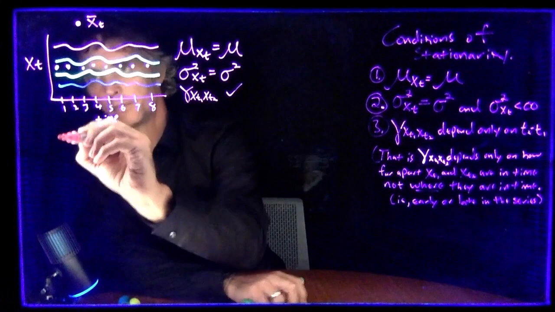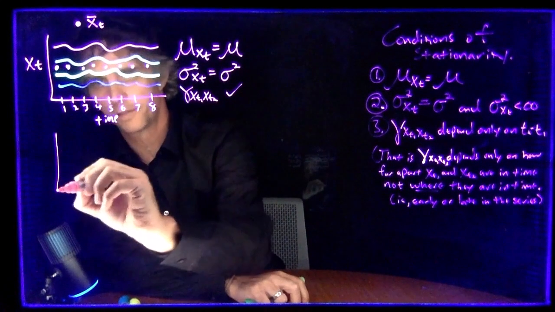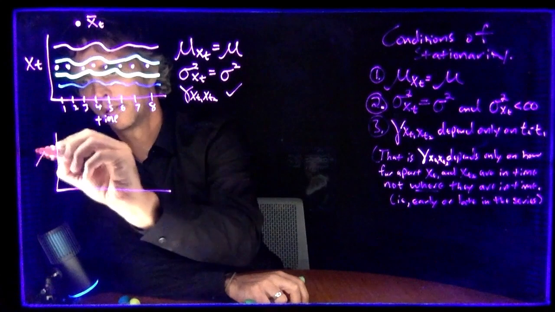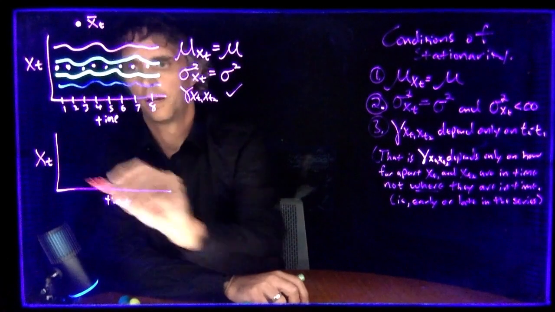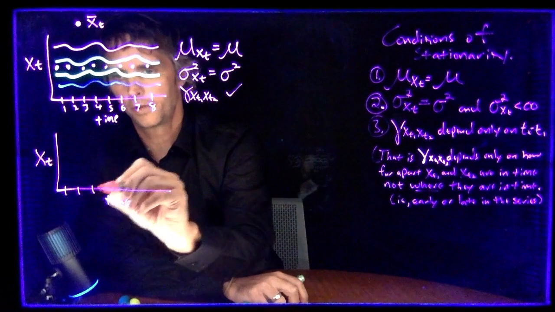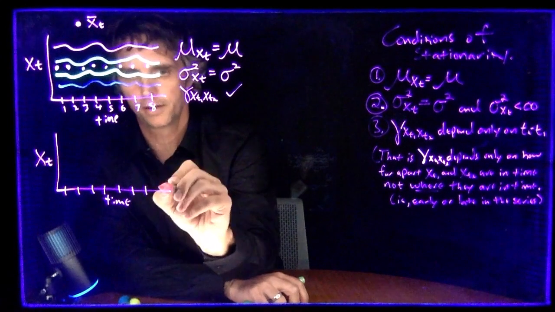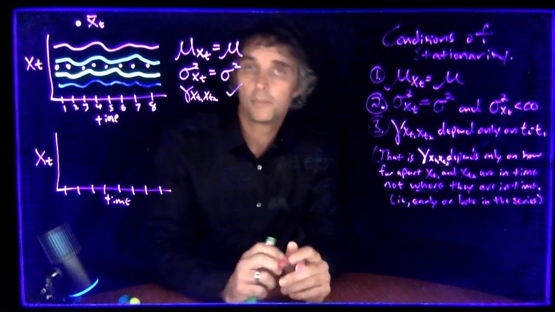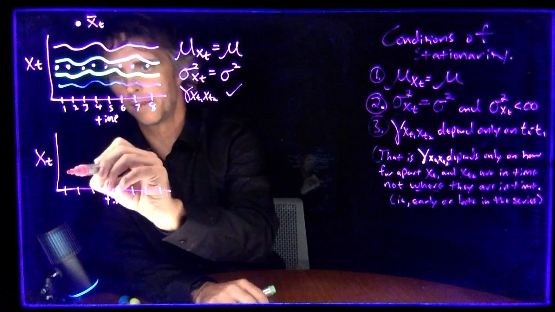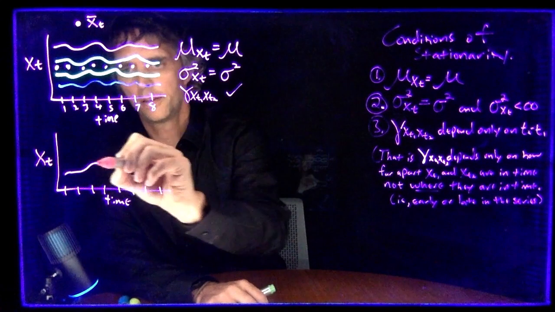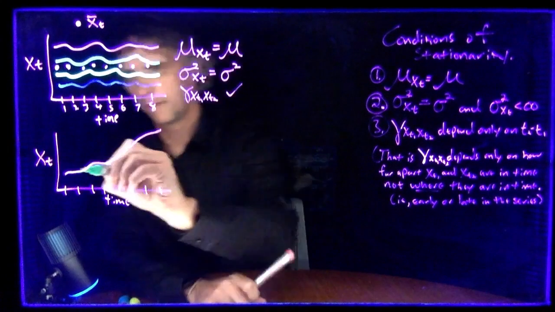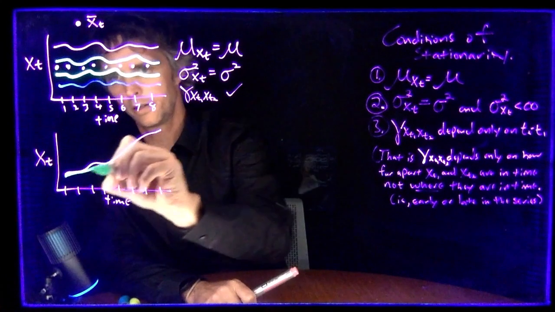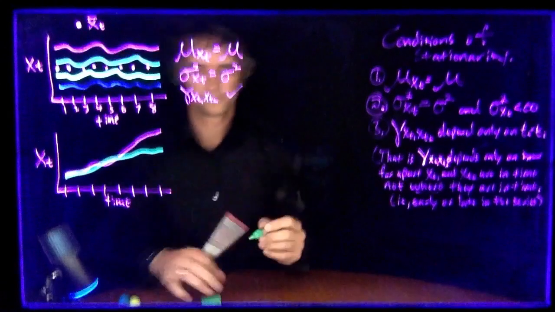So this should shed some light on exactly what we're talking about as far as the mean is concerned. 1, 2, 3, 4, 5, 6, 7, 8. Let's say this time we had a series that started down here and then wandered up here.